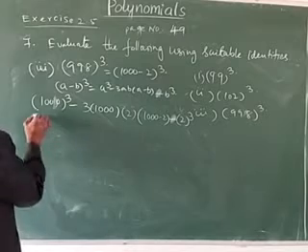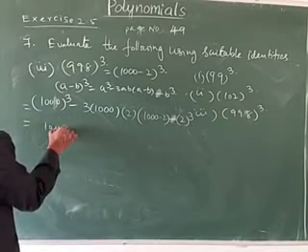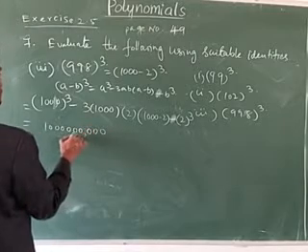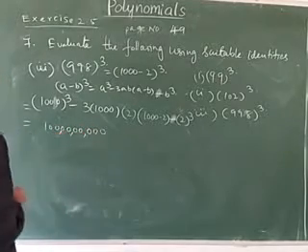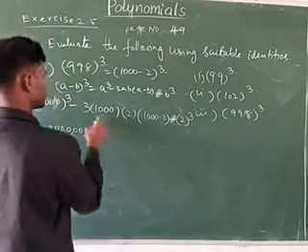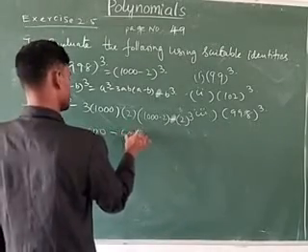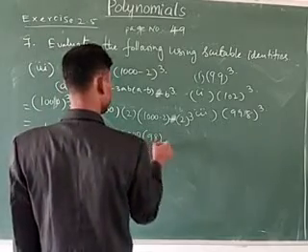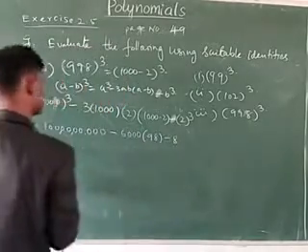Now this is 100 cube, which is 10 lakhs. And this is 2 into 3 is 6, into 100 is 600, into 98. This is 8.